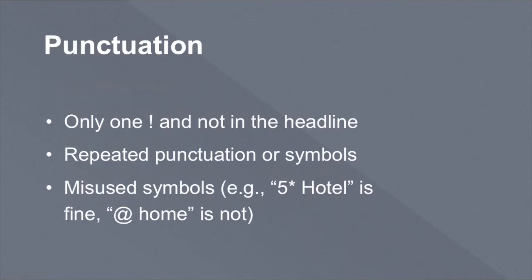And for the same reason, you're not allowed to use repeated punctuation. You're also not allowed to misuse symbols. In the example here, a 5-star hotel, the star being the symbol, is okay. Using the at symbol to replace the word at, as in "at home", is not okay. You're not allowed to do that.